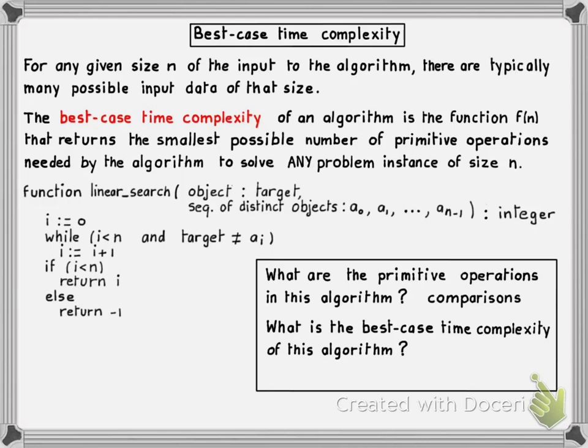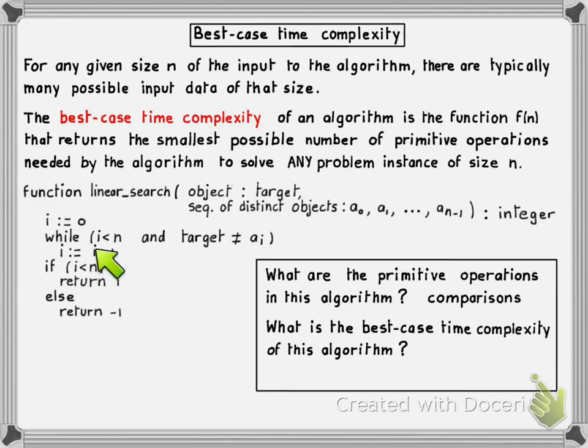Well, clearly the algorithm is going to stop right away if the target object is the first one in the sequence, and that is defined as the best case. So all we have to do to compute the best case time complexity for a particular size n is to figure out how many comparisons the algorithm executes when the target object is the first one in the input sequence. So let's see what happens.